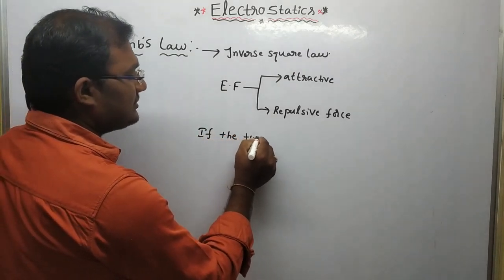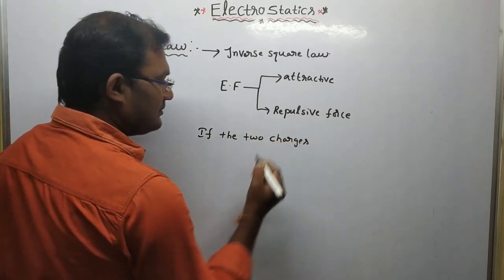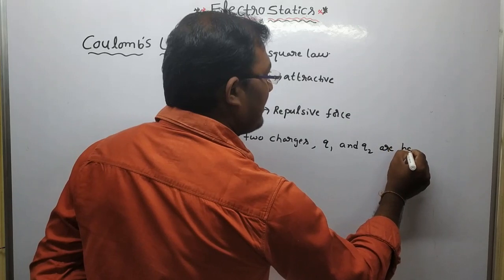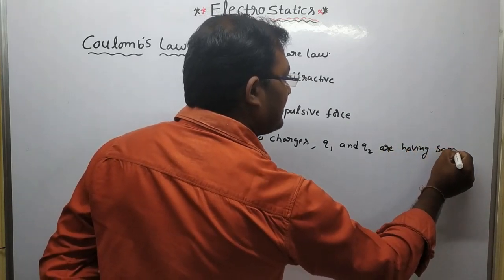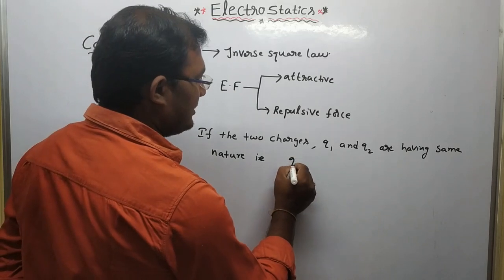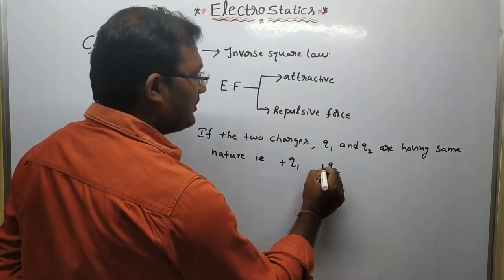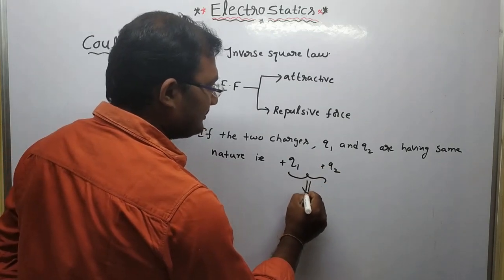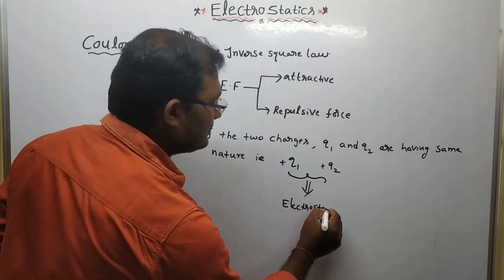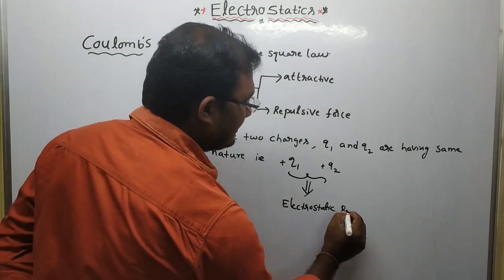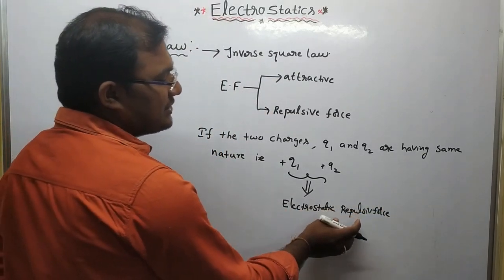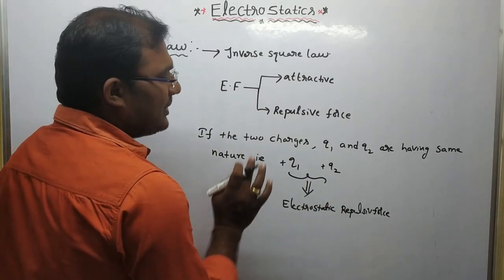If the two charges Q1 and Q2 have the same nature, that is, the same sign, plus Q1 and plus Q2, then there will be an electrostatic repulsive force acting between plus Q1 and plus Q2.